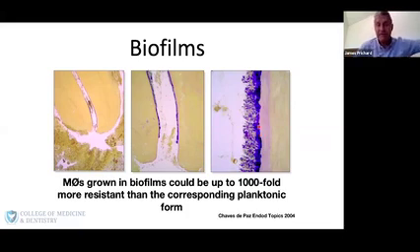But if we accept the fact that our instruments cannot contact all of the canal wall, then we have to have an adjunctive antimicrobial technique in order to deal with the untouched canal walls, deal with the superficial layer of infected dentine, and to try and disrupt the biofilm on the root canal wall.